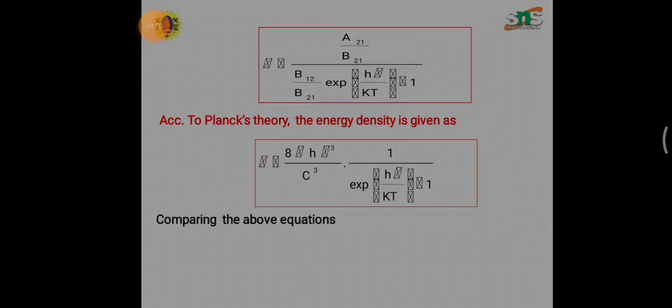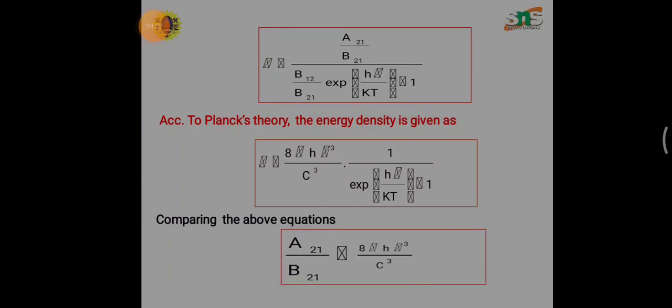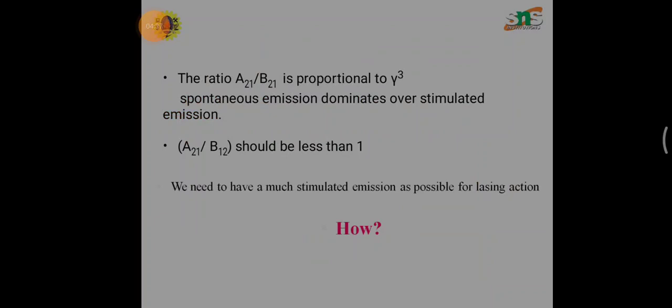Comparing the equations, we get A21 divided by B21 equal to 8 pi h nu cube divided by c cube. So the ratio of A21 to B21 is proportional to nu cube, and spontaneous emission dominates over stimulated emission.